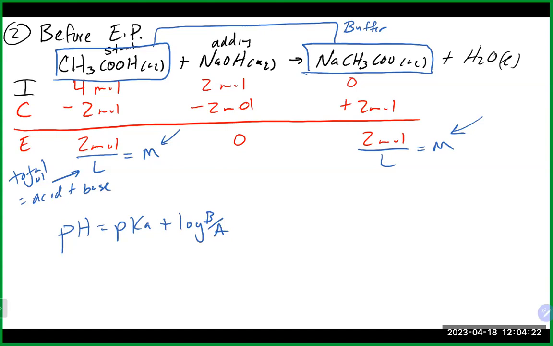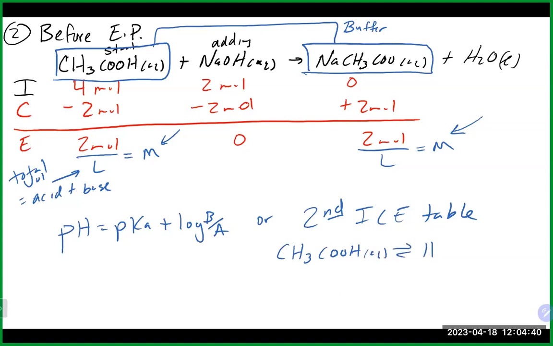Your other option is you can do a second ice table at this point. And the second ice table, if you chose to do that without using Henderson-Hasselbalch, would be really just the weak acid. And if I chose to do the ice table instead of the Henderson-Hasselbalch, the really important part of this ice table is you should have a molarity here.